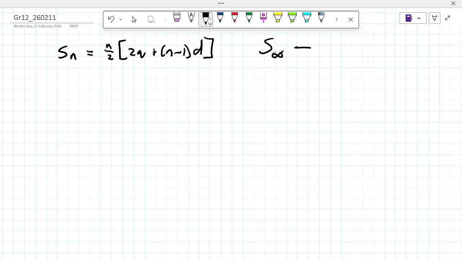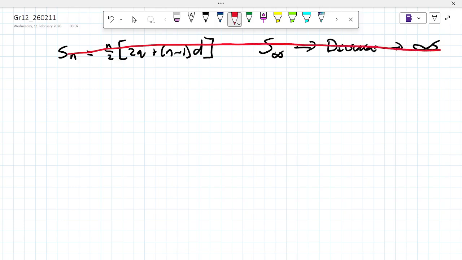So we call it that it's diverging. So if it diverges, it just gets more and more to an infinite big number. So it is not advisable for us to work out the sum to infinity for arithmetic sequences.